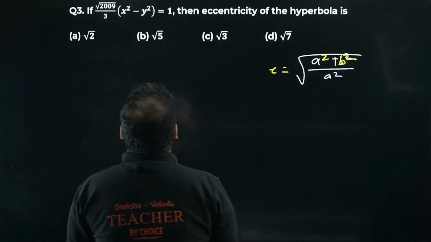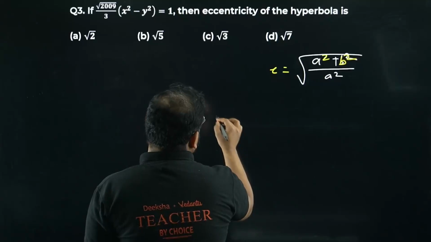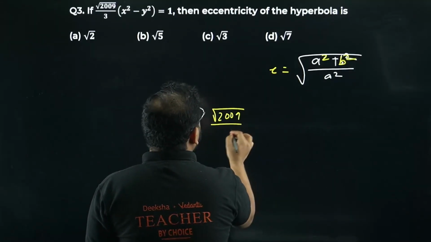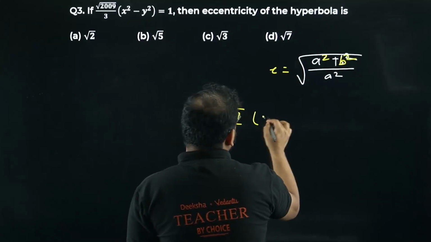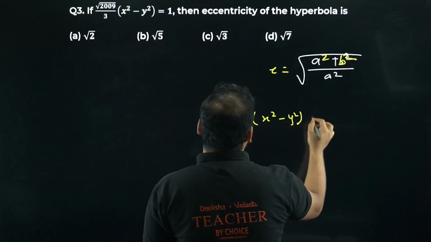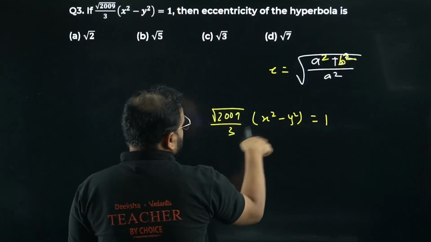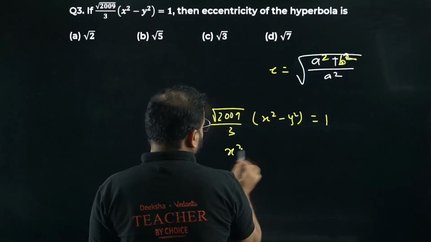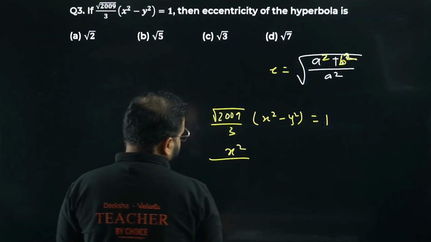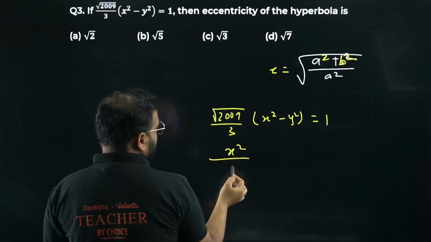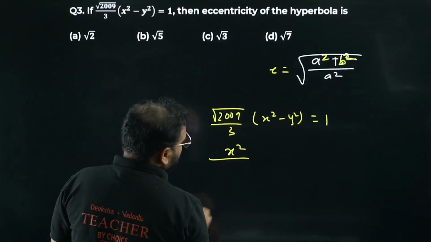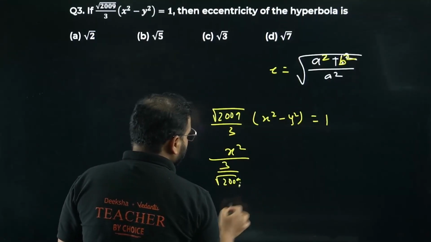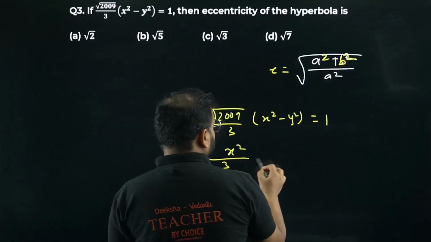Okay. So let's solve this. We take this equation like this: root 2009 upon 3 times x square minus y square equals 1. Can I take this inside? It'll become x square upon, I can take this in the denominator, no? It'll become 3 upon root 2009, and the minus sign will be there.